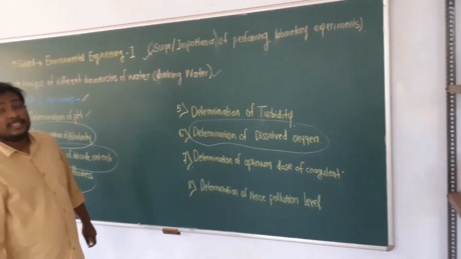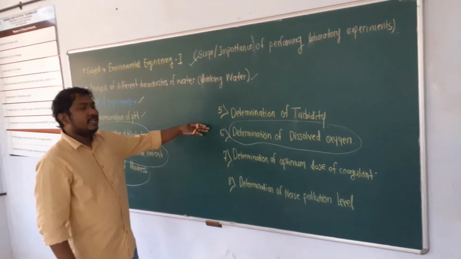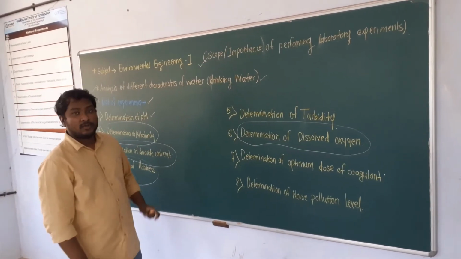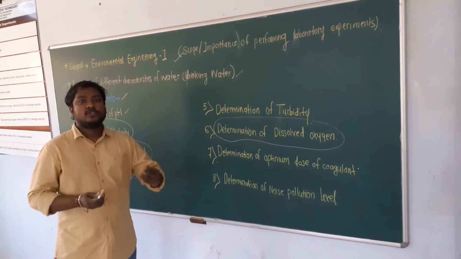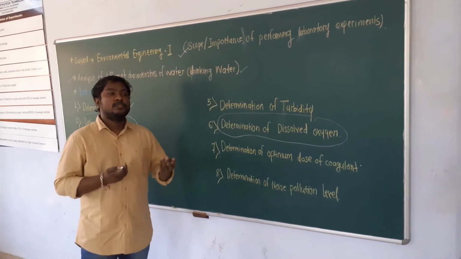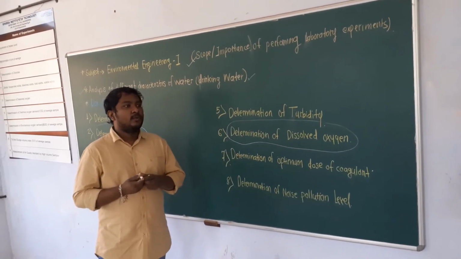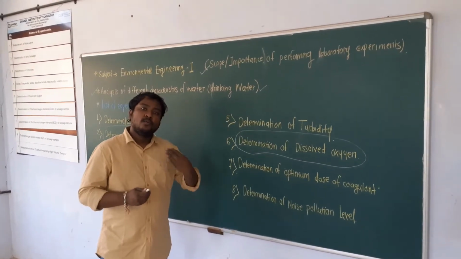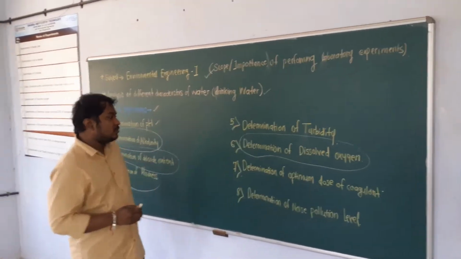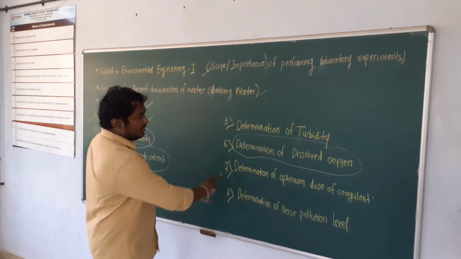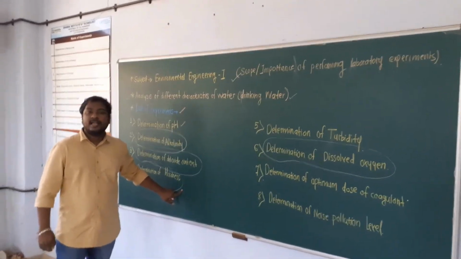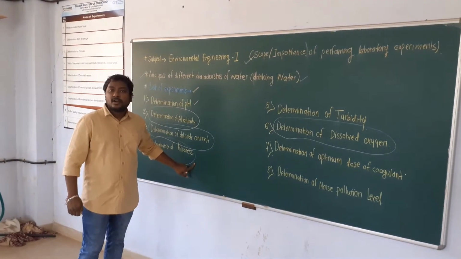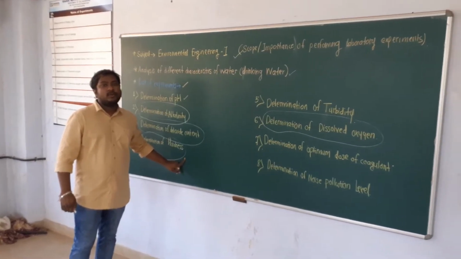Why? Because dissolved oxygen is hugely important in determining water supply characteristics or source water characteristics. Suppose we want to check the pollution of a river, we will have to measure the dissolved oxygen. This is also a titration experiment. In total, these 4 experiments use the titrimetric procedure or volumetric analysis.